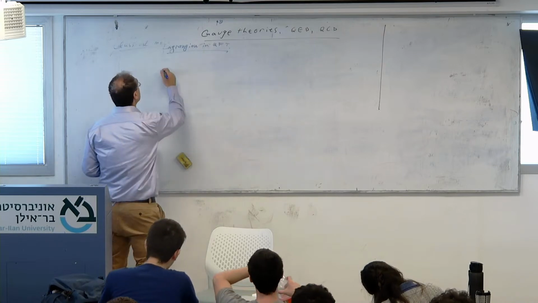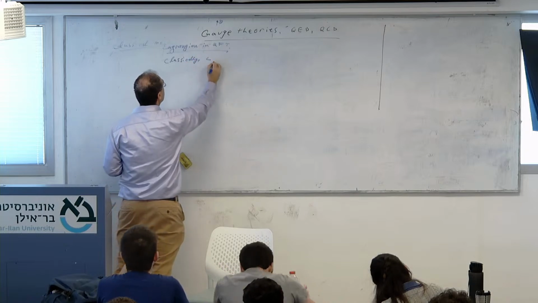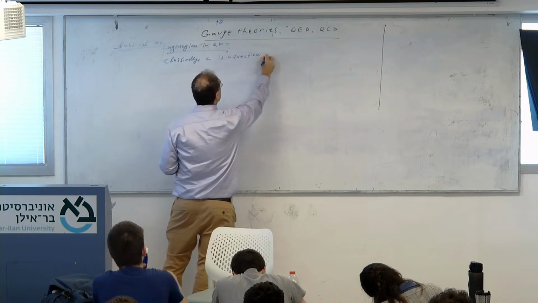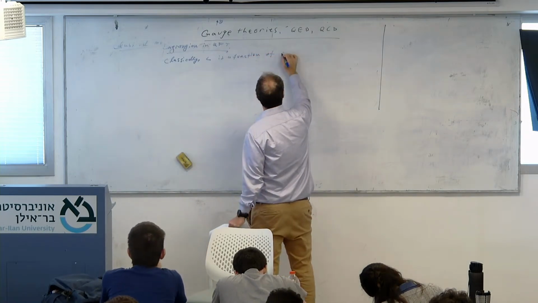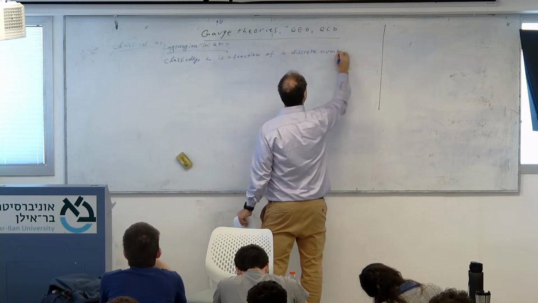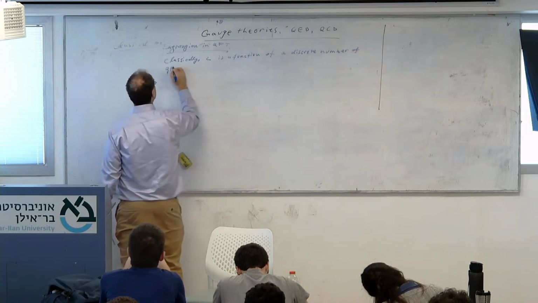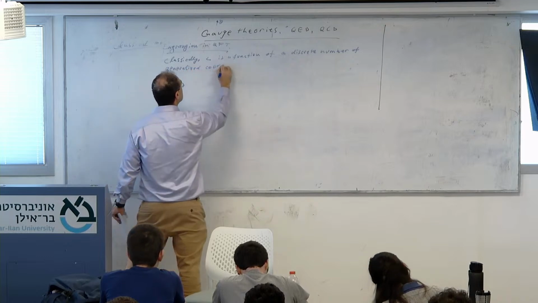So, classically, L is a function of a discrete number of generalized coordinates.